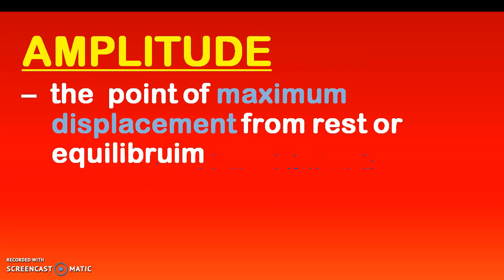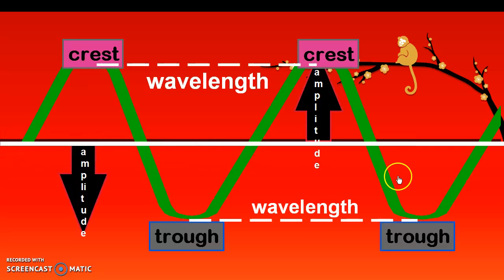Okay. The amplitude is the maximum displacement of that wave from the rest or equilibrium point. Like I told you, from this rest point, the maximum displacement, the maximum distance of this wave from this point, that is from this particular position to this position, is the amplitude.